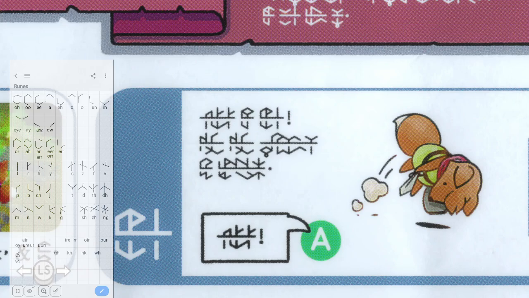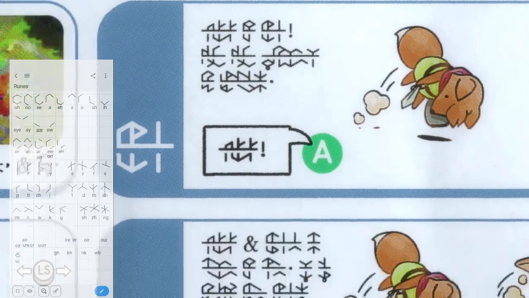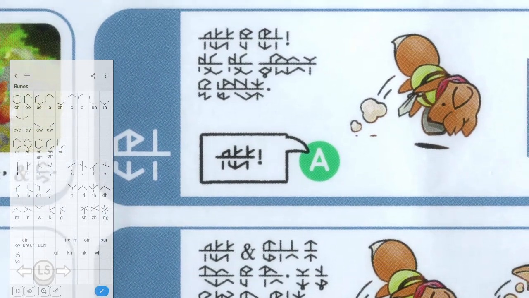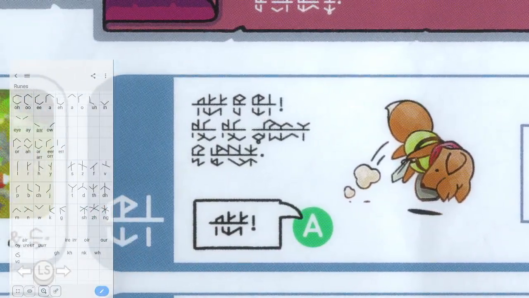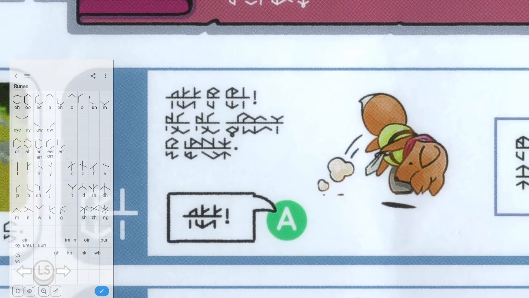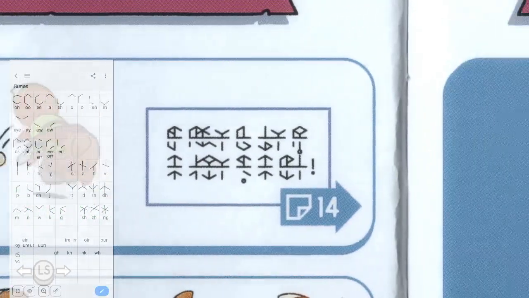Oh, it was going to be surviving. Surviving. Yep. And that tracks. Say.